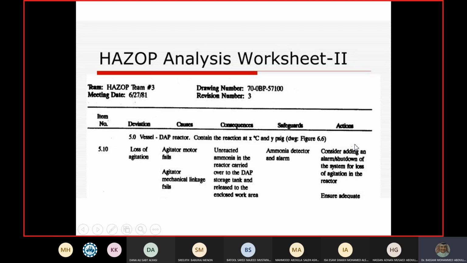So I simply rephrase this safeguard. Now, this HAZOP analysis looks exactly like the failure mode effect analysis. But if I'm going to talk only about failure mode effect analysis with examples of this business thing, maybe it will not be very useful to you.